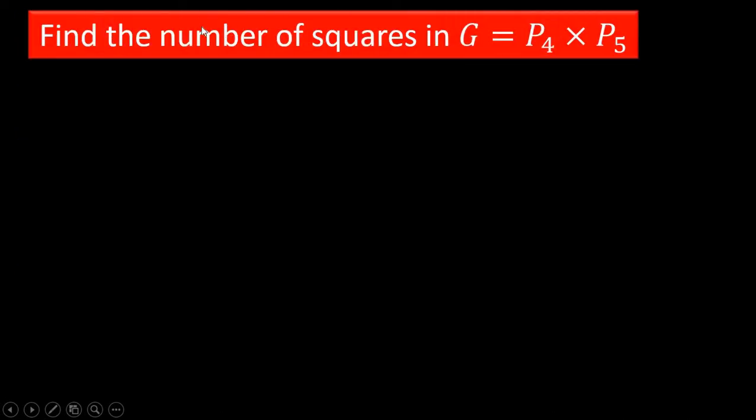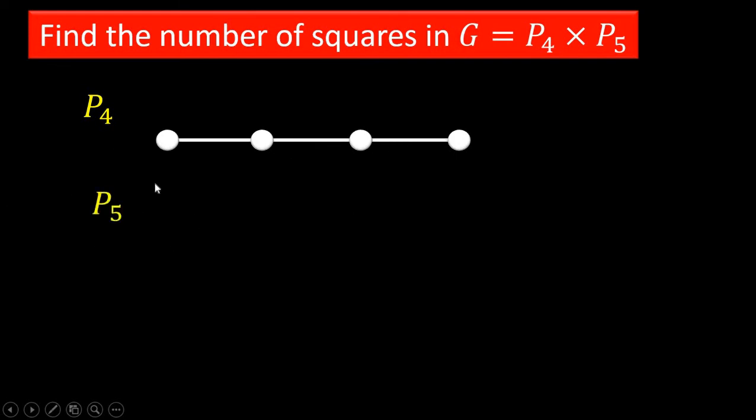Now the question is to find the number of squares in G, which is equal to the Cartesian product of two line graphs of order 4 and 5. First of all, I am taking P4, which contains 4 vertices, and then P5, which contains 5 vertices.